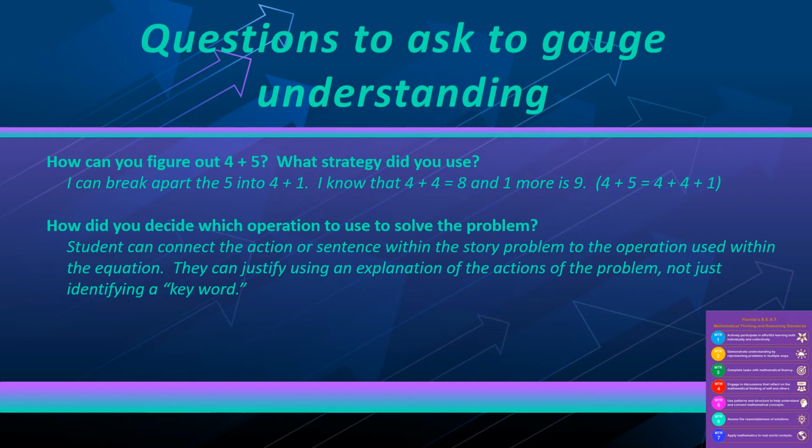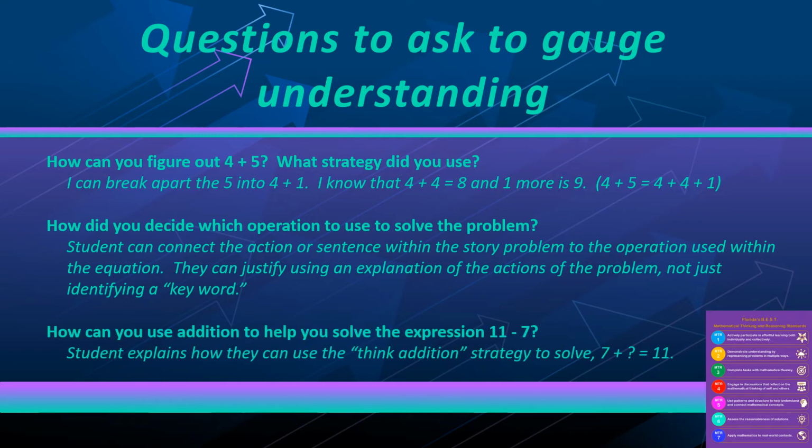I could ask students how they decided which operation to use when solving a word problem. And I would hope that the student can tell me something about the problem and perhaps the actions in the problem, and not just tell me that they saw a keyword. Or I could ask a student, how could you use addition to solve a subtraction problem such as 11 minus 7?